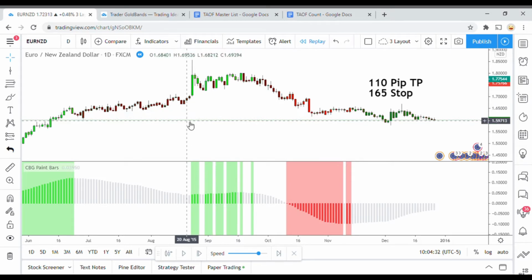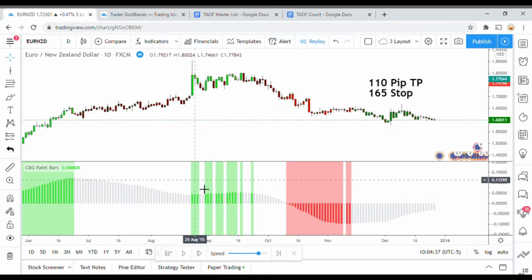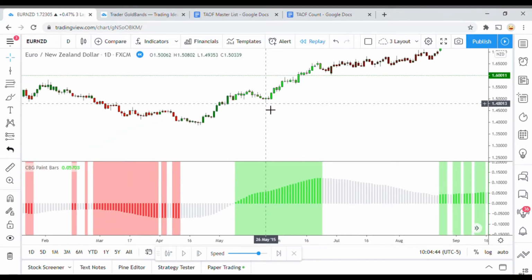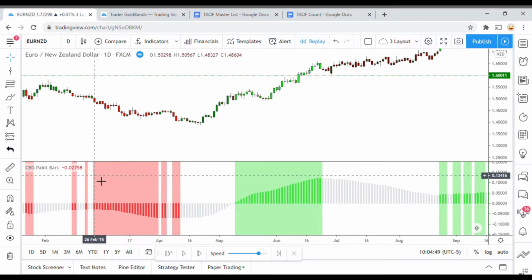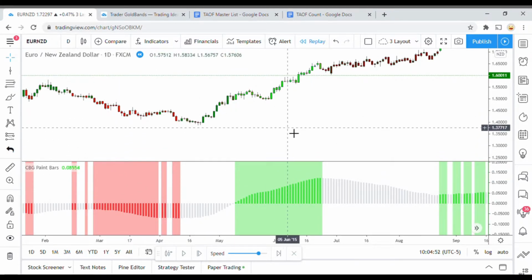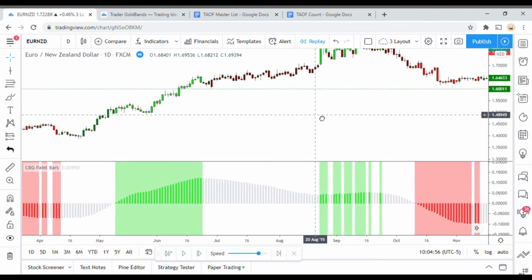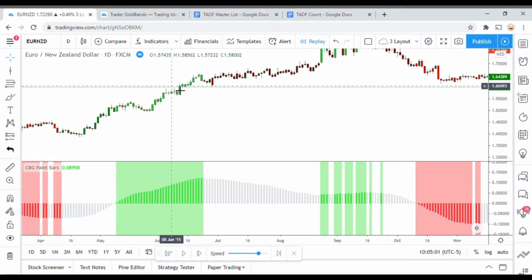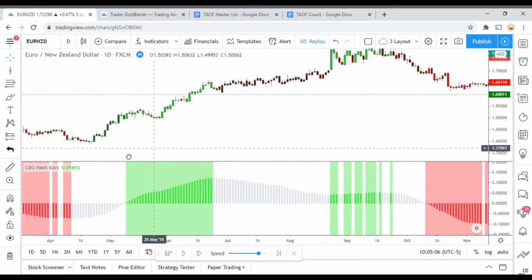But this is what we're looking for: these areas of the light red and the light green. Those sometimes happen on the zero line cross. They sometimes just happen on their own, but those are signs of momentum increasing in one direction or another. And so obviously the green would be in a buy, up direction, and the red would be in a down, sell direction.